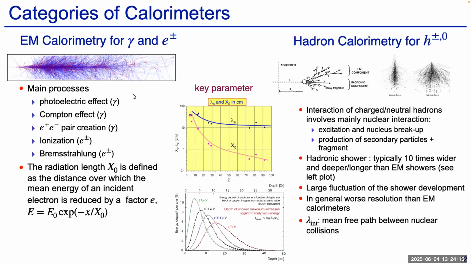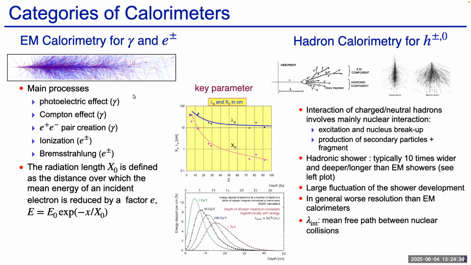That is the key thing. Here, that plot, I hope you can see it, it is a little bit small, I'm sorry. This is the energy deposited by an electron as a function of the depth. So for a 1 GeV electron, you see the maximum after about 10 centimeters. After essentially 20 centimeters, all the energy is dumped in there.